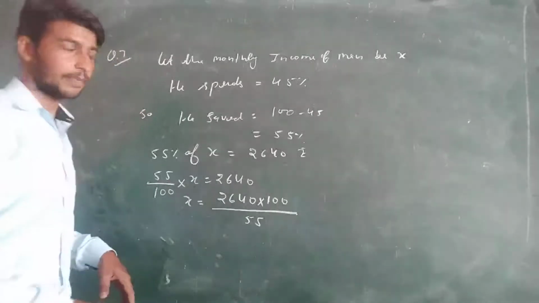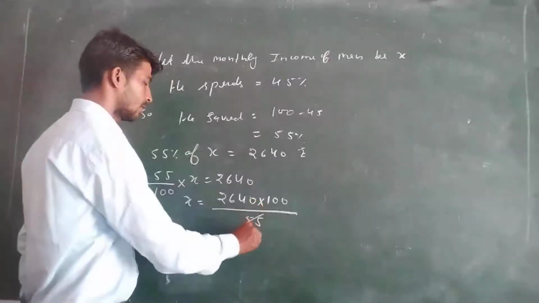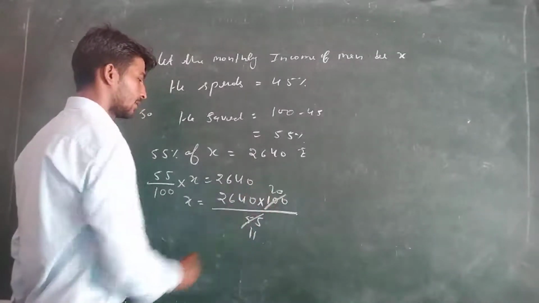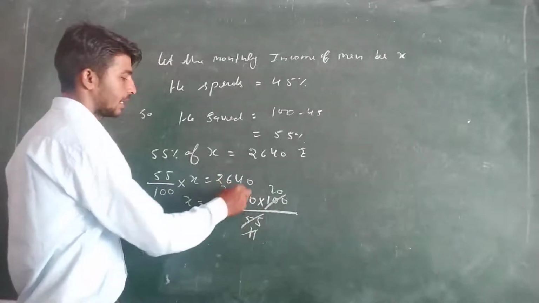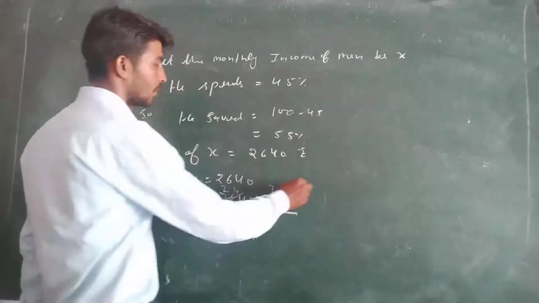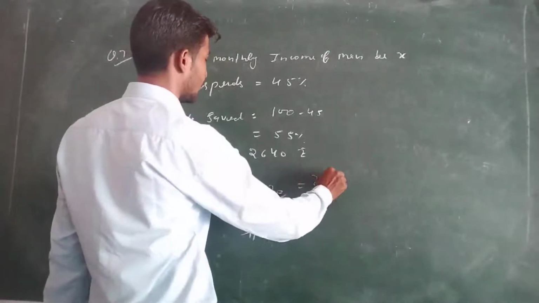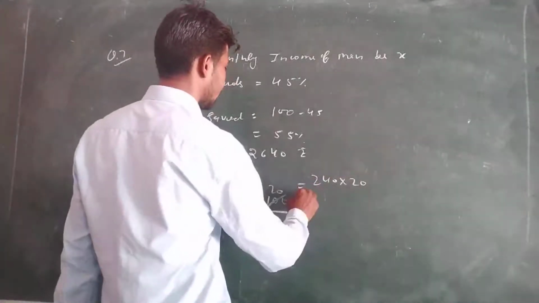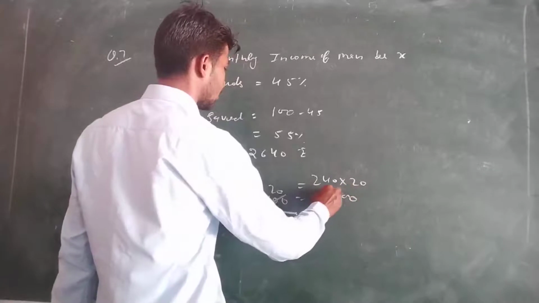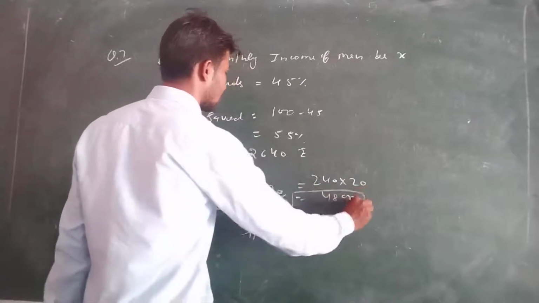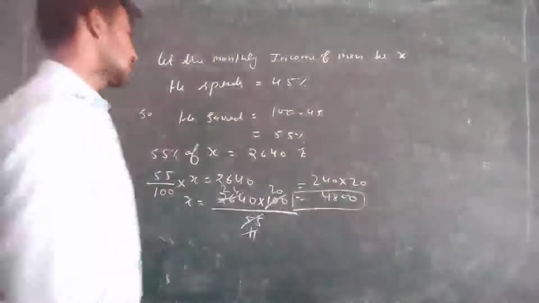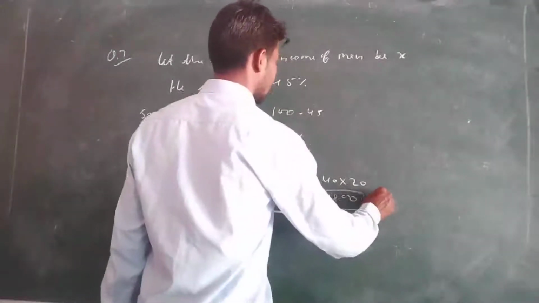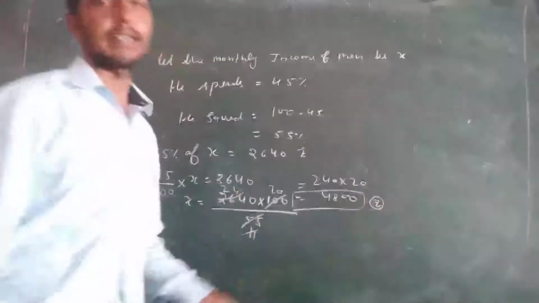Okay, so 11 fives are 55, 11 into 240 is 2640. So 240 into 20, that is 4,800. 4,800 rupees is the monthly income.